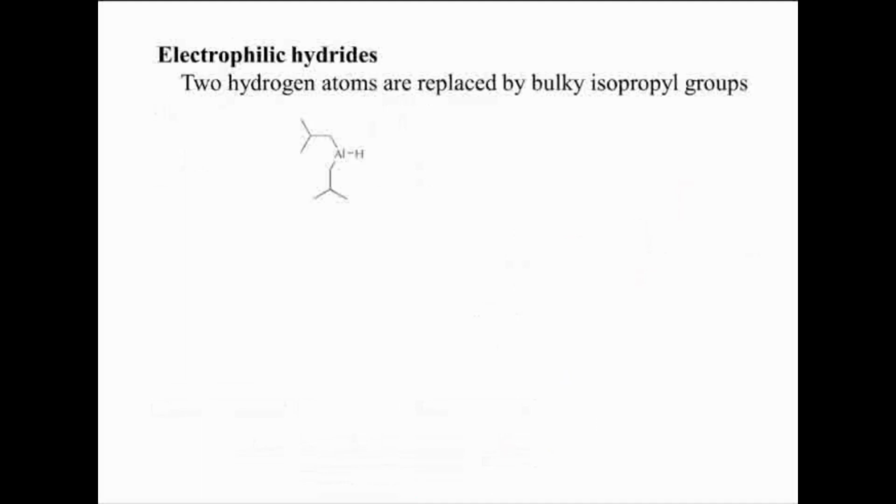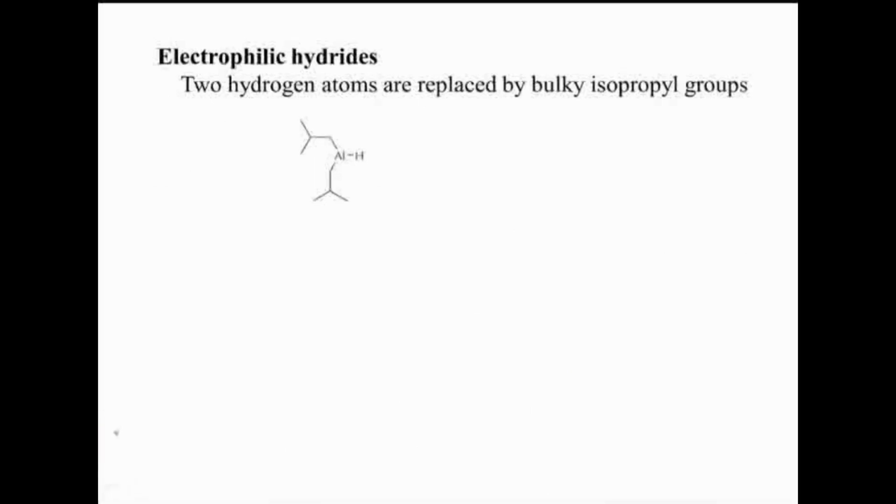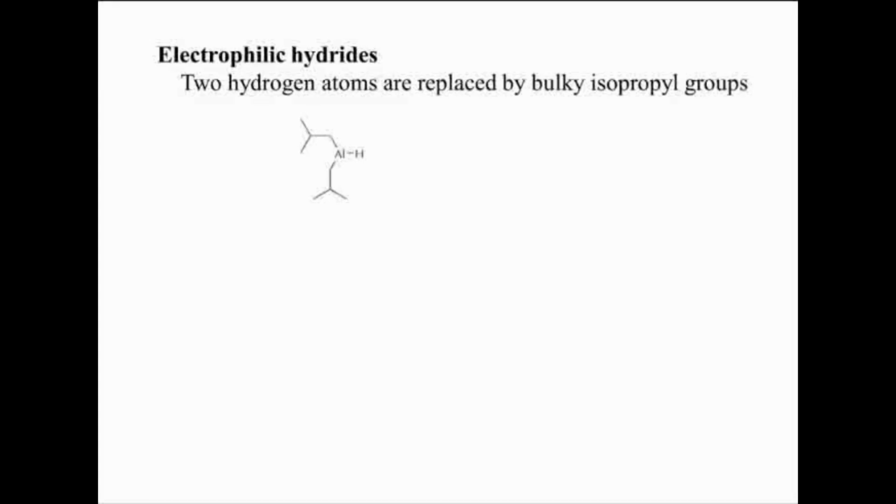In electrophilic hydrides, normally boron or aluminum valency is 3. Boranes and alanes, aluminum hydrides, are called alanes, and two hydrogen atoms are replaced by bulky isopropyl groups. So we are having only one hydrogen atom.